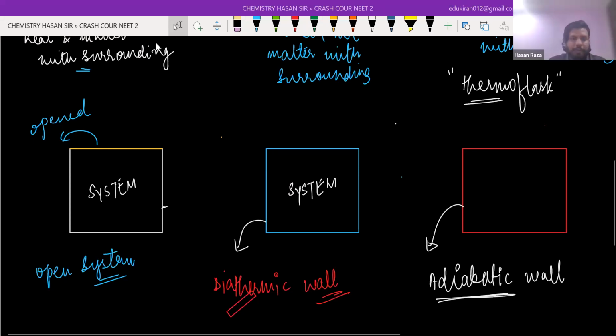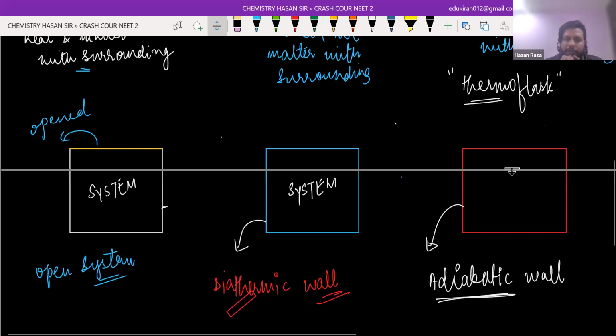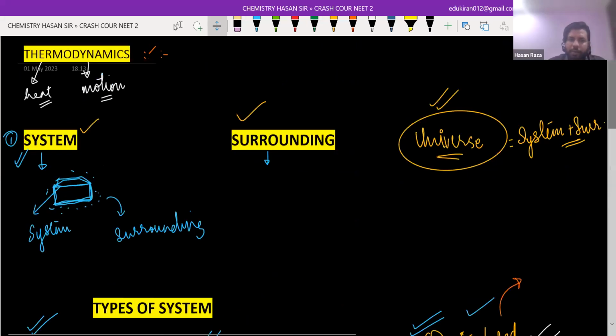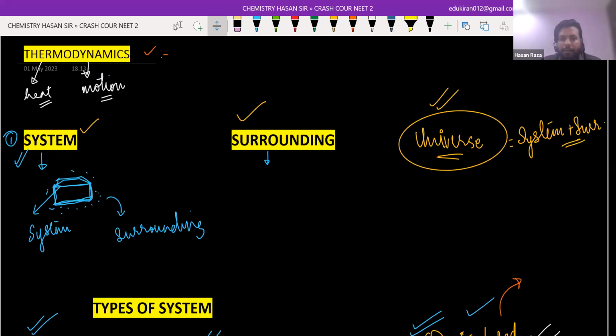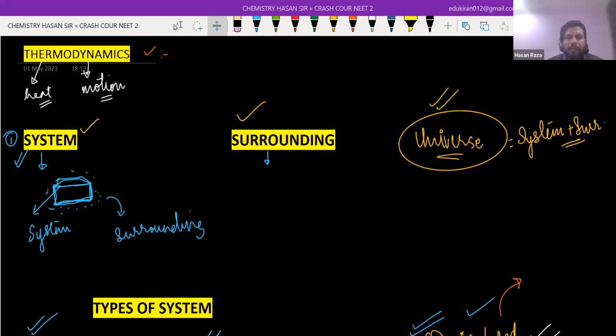Okay, everyone. So I was saying that Arpit, basically we were studying thermodynamics, and as you can see, we just started thermodynamics. What is thermodynamics? Thermodynamics is basically the flow of heat in chemical or physical processes. That is what we study in thermodynamics.